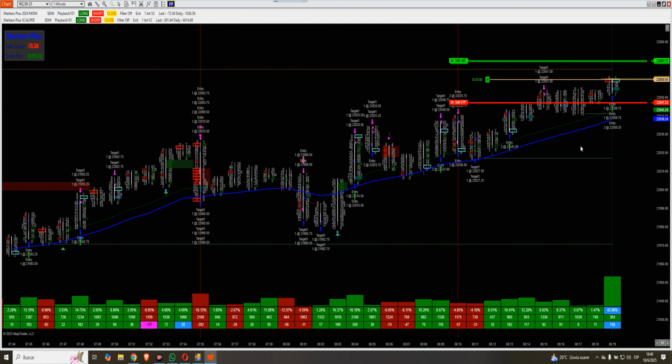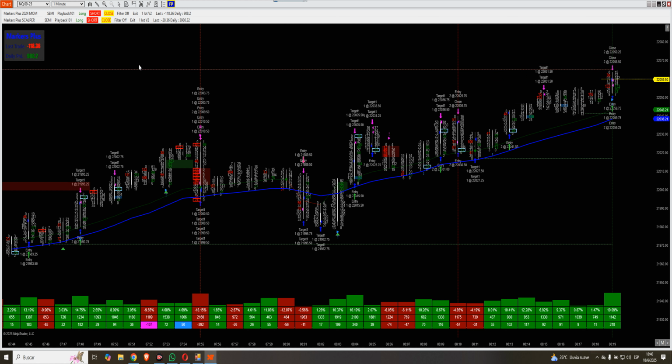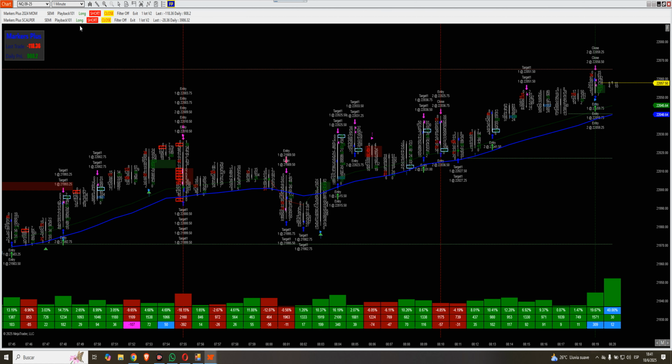If it doesn't get filled, you see, longs are disabled now. Okay, so I can close them here. Okay, as you can see, the longs are disabled. If we get a short, it will be disabled too.